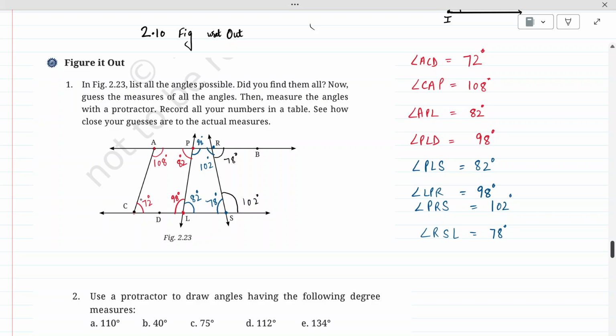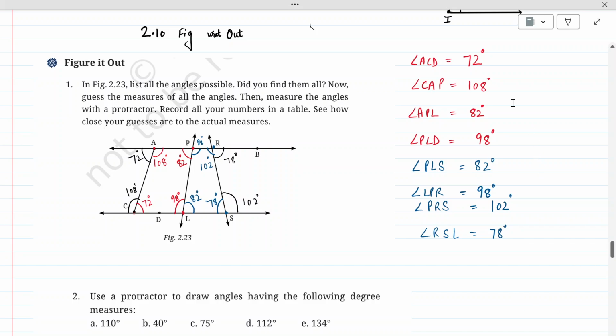Similarly, this is complete 180 minus 72. It will give me the measure of this angle, 108. And right here also, total is 180. 180 minus this 108, we will get the measure of this angle, which will be around 72. So now we know all the angles in this figure.